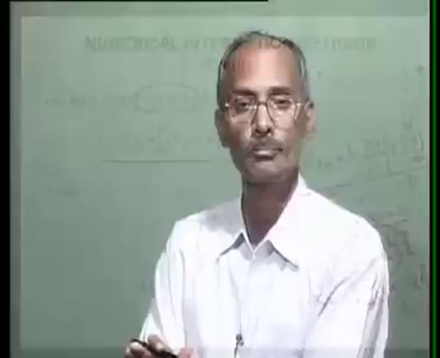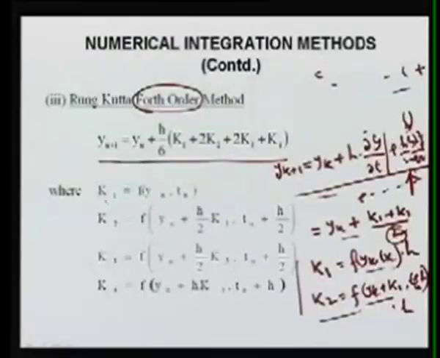All the terms are added and divided by 6, which means this is the weighted average of k1, k2, k3, and k4. The k1 is nothing but f(y_n, t_n); earlier h was included in k1, but here we have taken h outside.